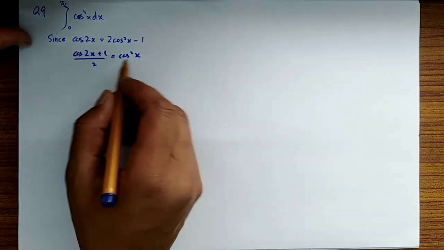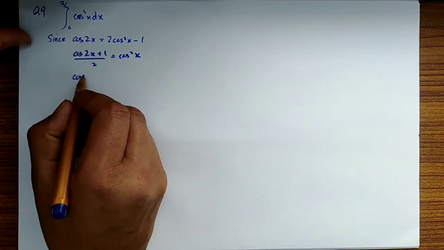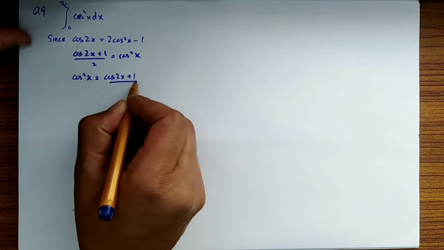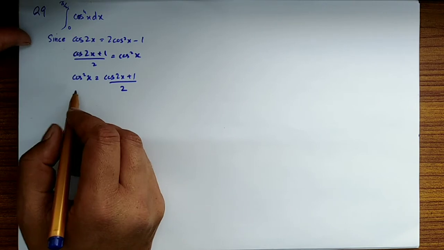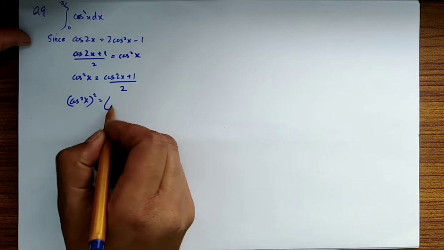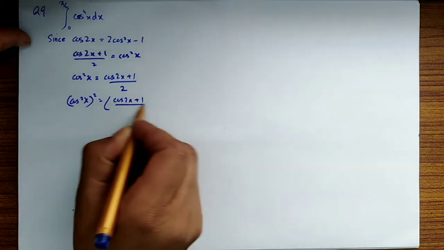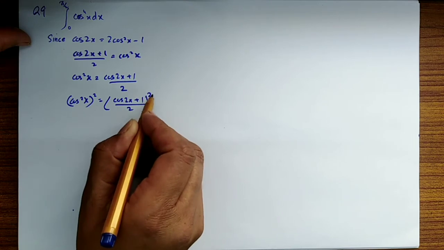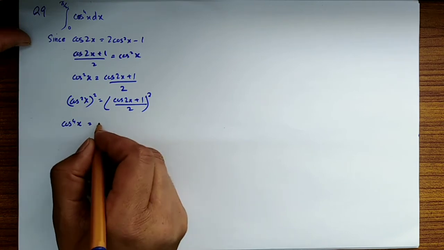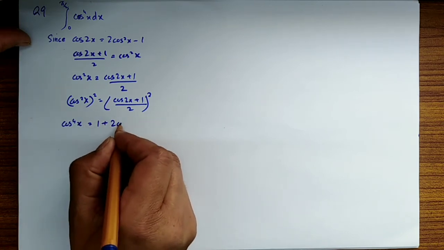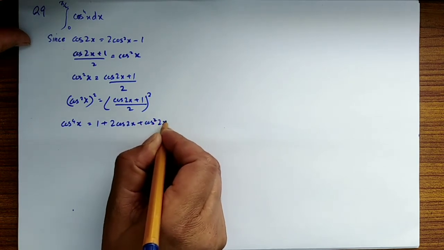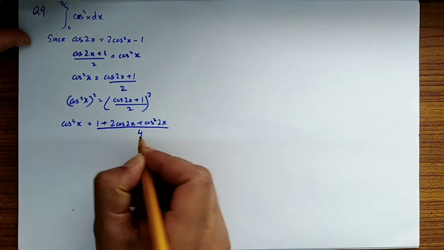So we are going to use this identity in our original question. If you take the square on both sides, first change this into the simpler form, and now taking the square on both sides, that gives cos square x whole square and cos 2x plus 1 divided by 2 whole square, that gives cos power 4 x equals 1 plus 2 cos 2x plus cos square 2x upon 4.